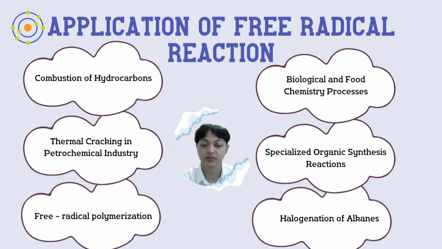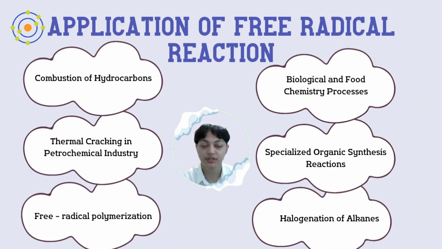An initiator like peroxide generates radicals that add to the monomer's double bond, and the chain grows via propagation until termination. An application example is plastic bags, bottles, and containers.